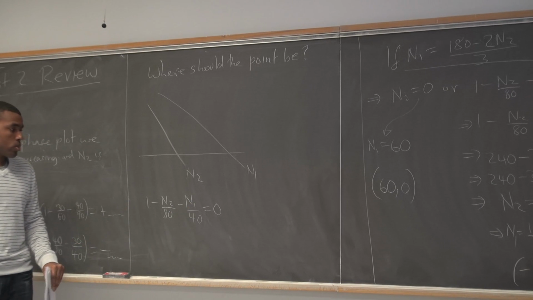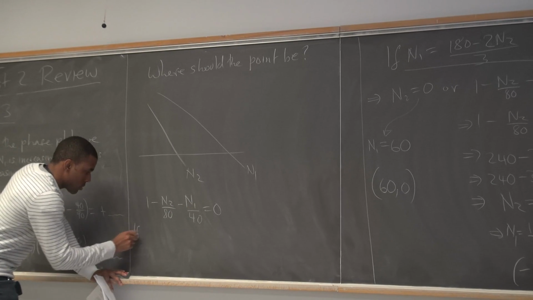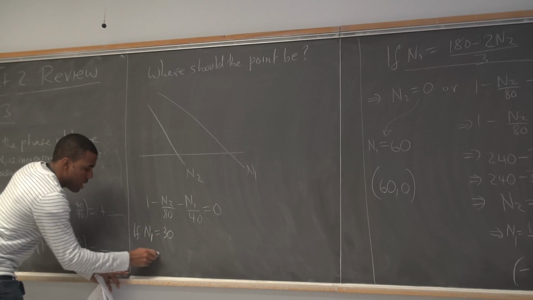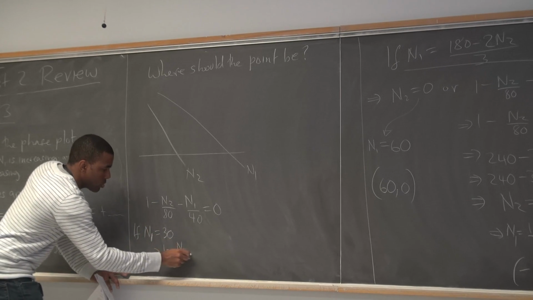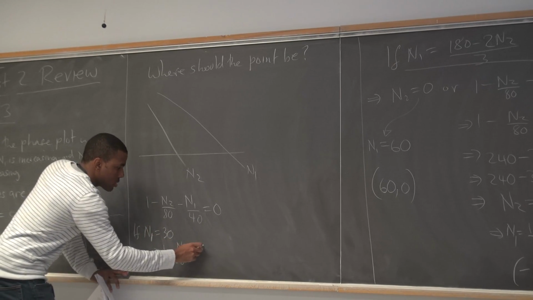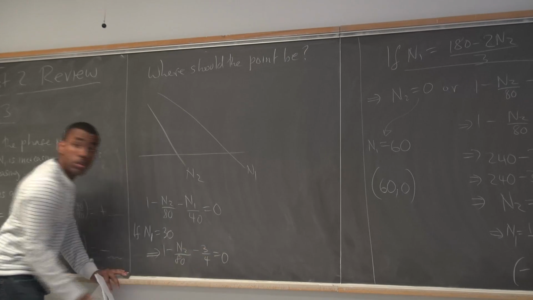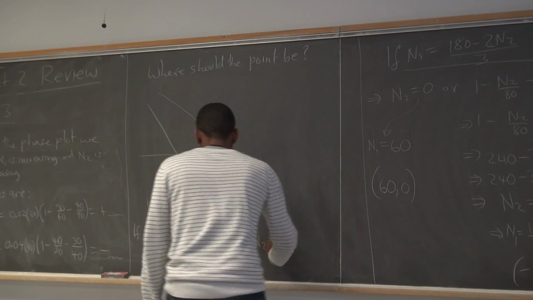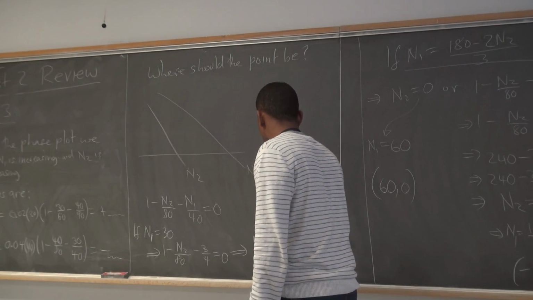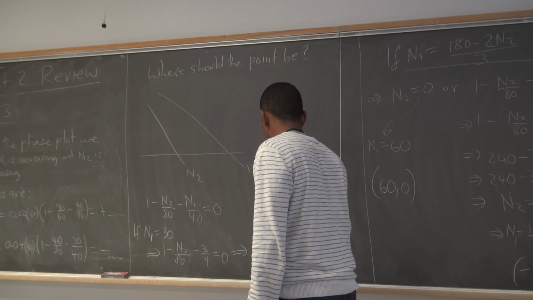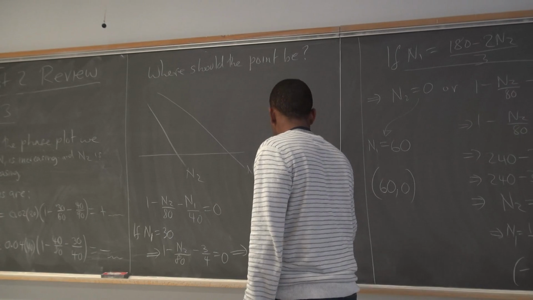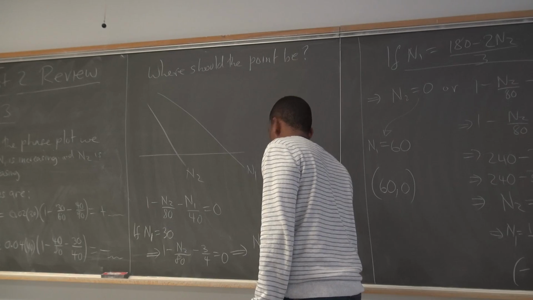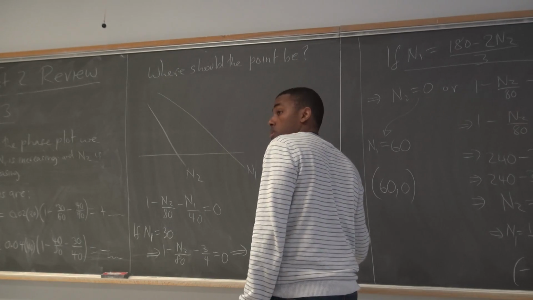Now, if you plug in N1 equals 30, that gives you 1 minus N2 over 80 minus 3/4. So N2 would be 1 minus 3/4 times 80. This would be 1/4 times 80, which would be 20, right?